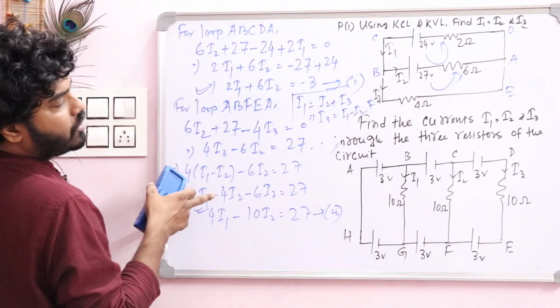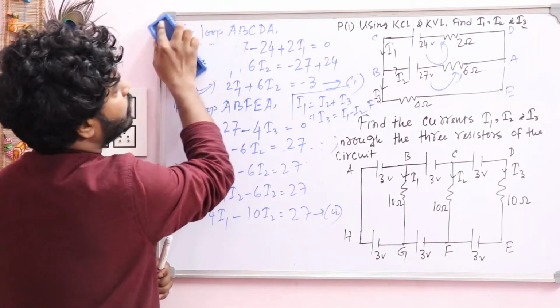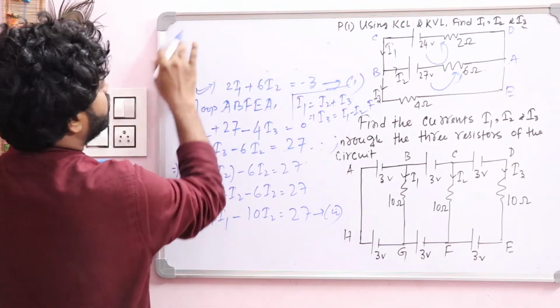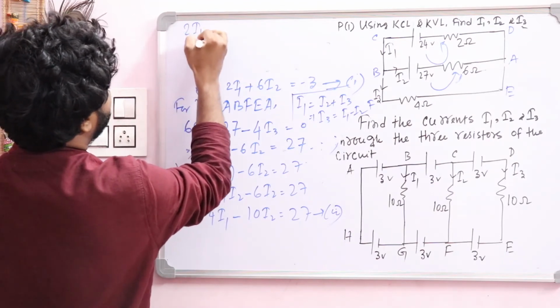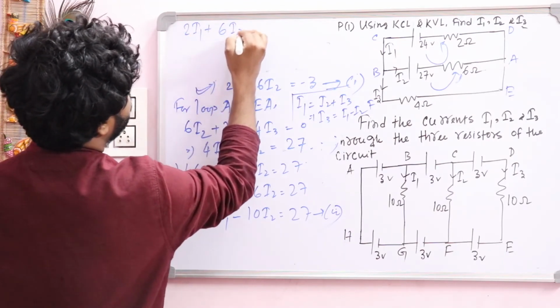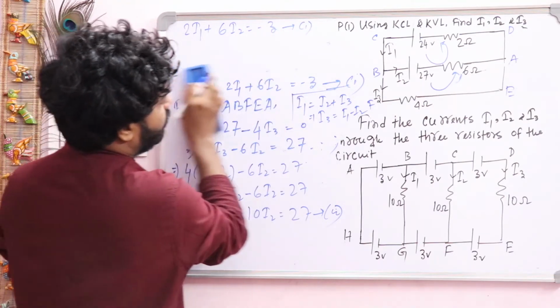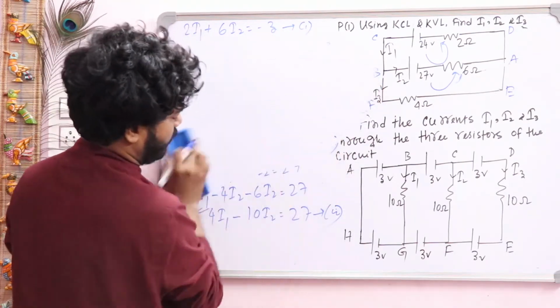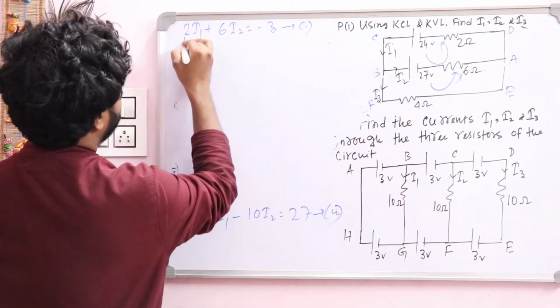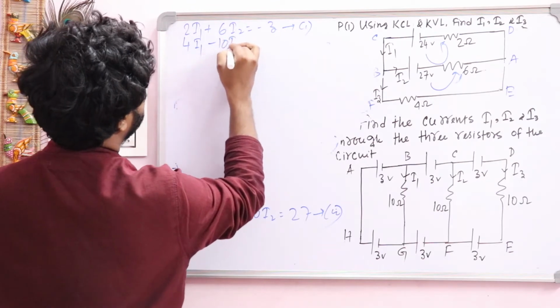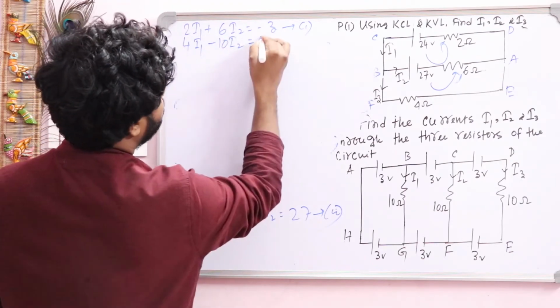Okay, you can take a screenshot here. So now I am solving these two equations. So our first equation, that is 2I1 plus 6I2, that is equal to minus 3, this is equation 1. And our second equation, this one 4I1 minus 10I2, that is equal to 27.